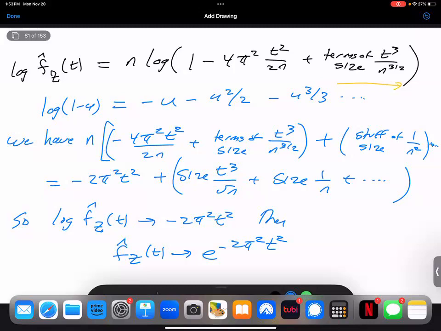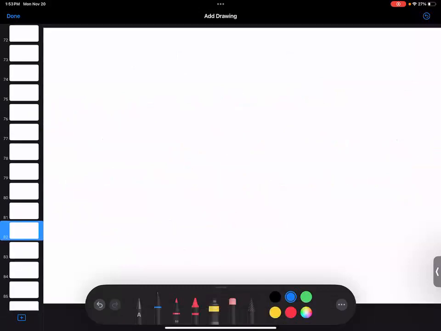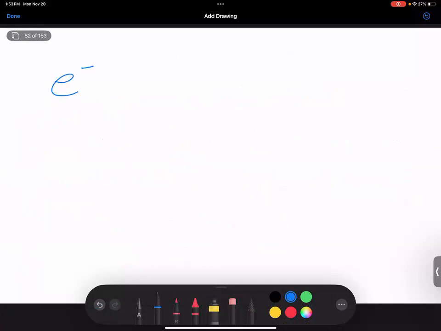Okay, and so, all right, so if that's correct, then basically what we do is the following now. We have e to the negative 2 pi squared t squared, which is e to the negative 2 pi squared t squared over 2.